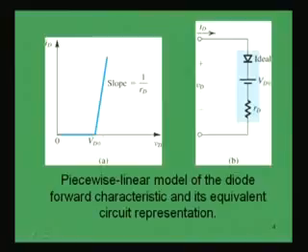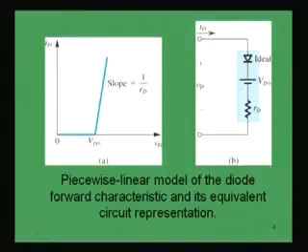So, up to this the current is 0 and then this is a piecewise linear approximation that we have done, where the slope of this line is 1 by RD. This is the average resistance of the diode. So, this straight line is having a slope of 1 by RD. That is enough for finding out the equivalent model.